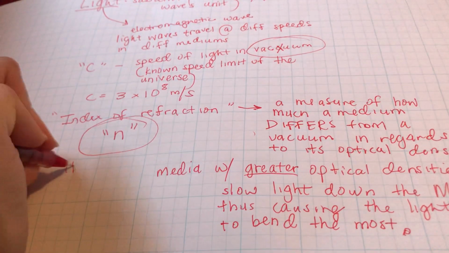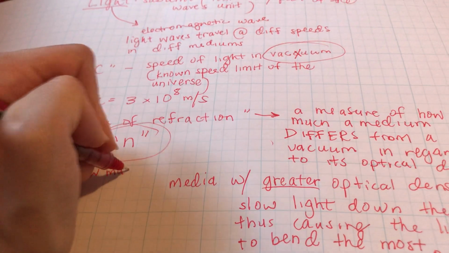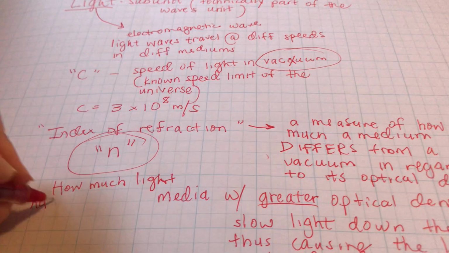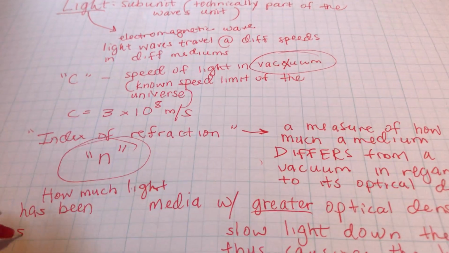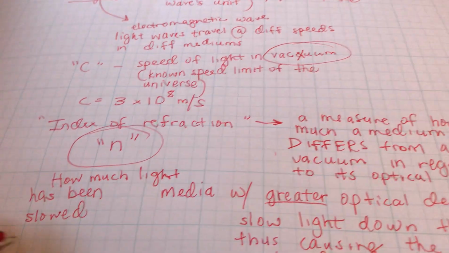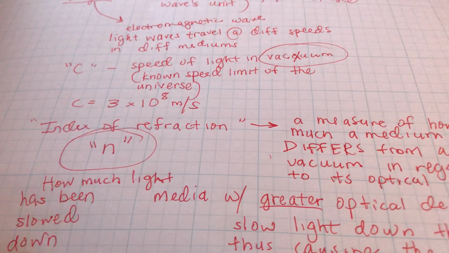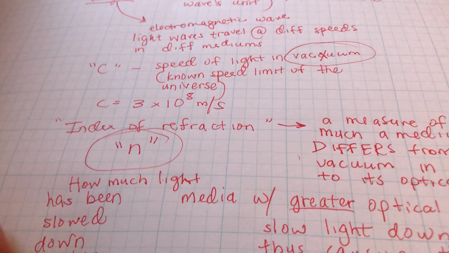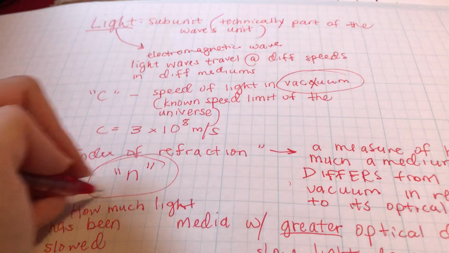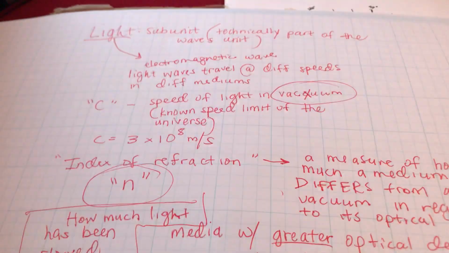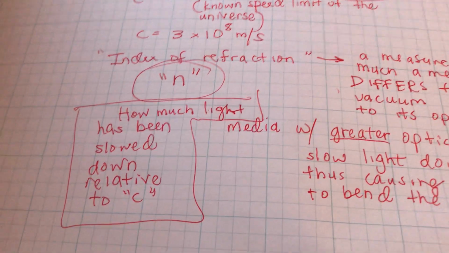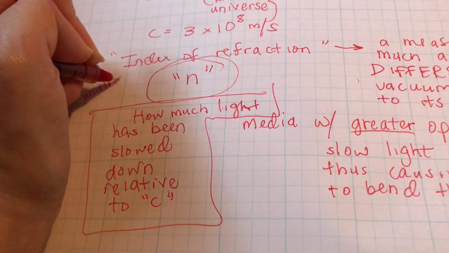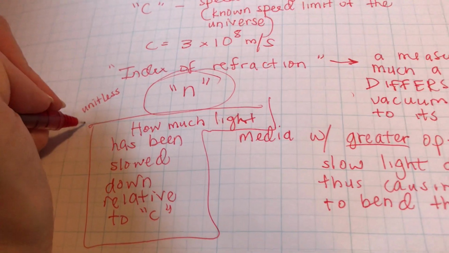So how much light has been slowed down relative to c, the speed limit of the universe. Okay, so that's another way to think of index of refraction. So index of refraction is a unitless measure.